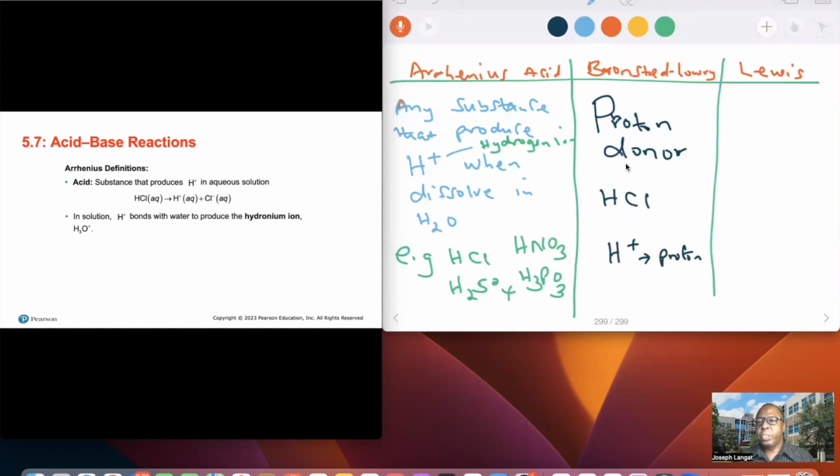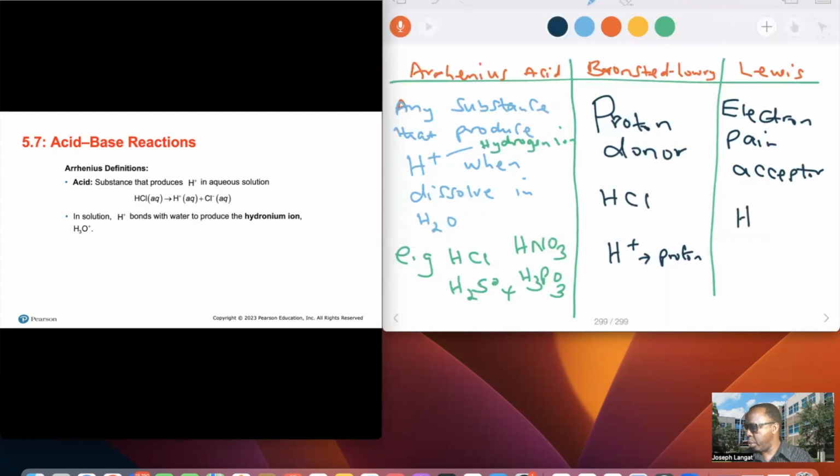And then Lewis's definition of an acid is simply electron pair acceptor. It can accept a pair of electrons. We know hydrogen has two, or to fill the shell for hydrogen ion, we need two electrons.